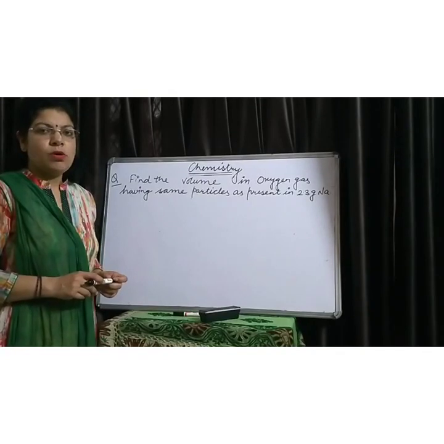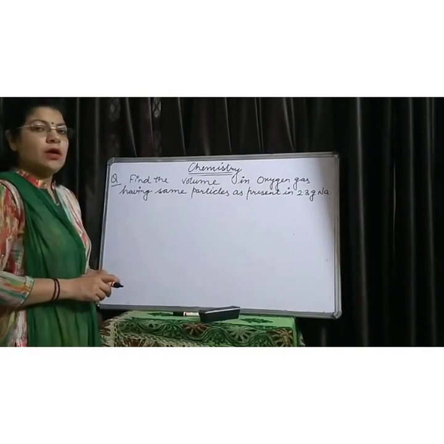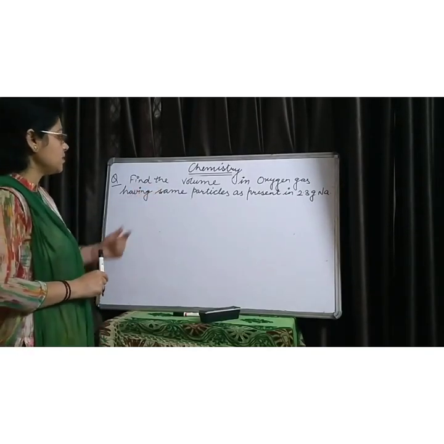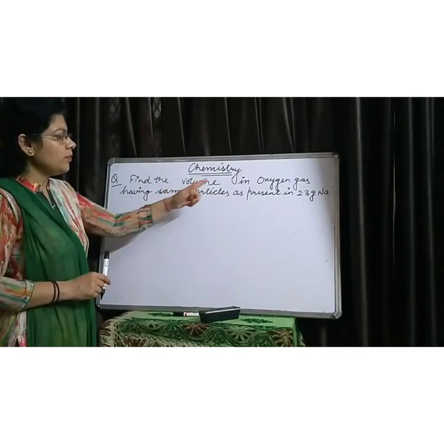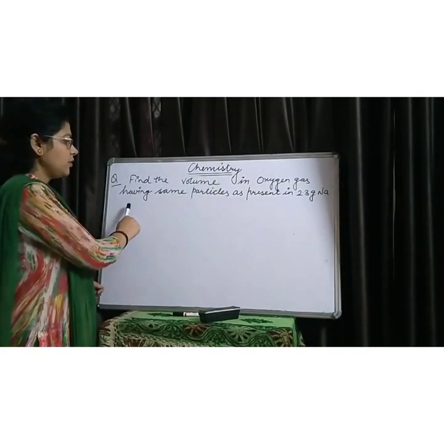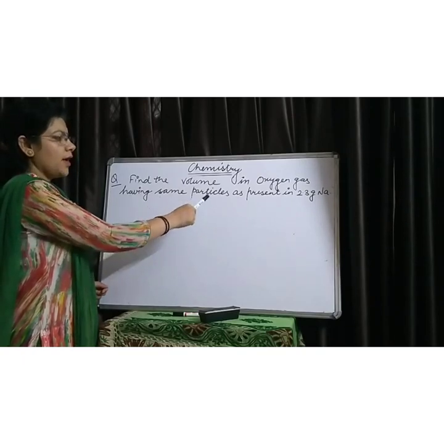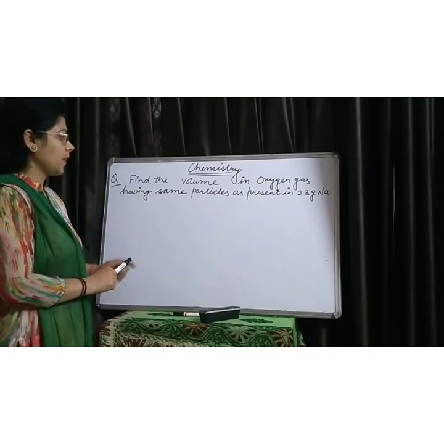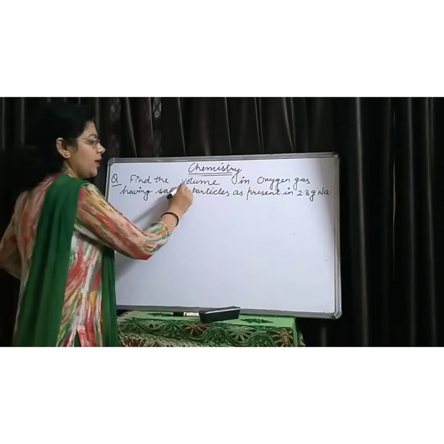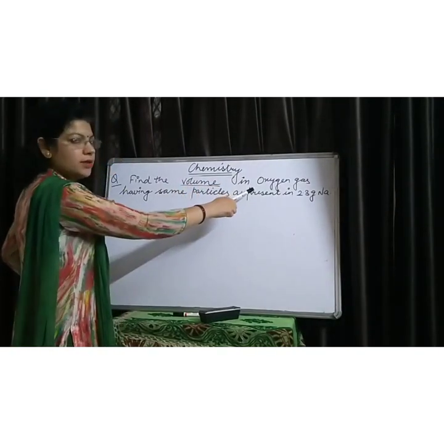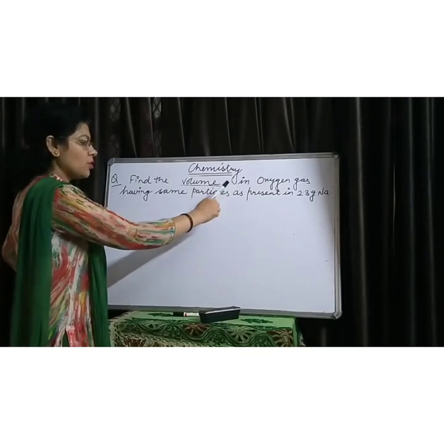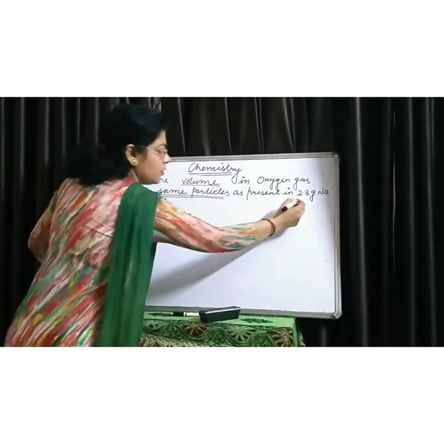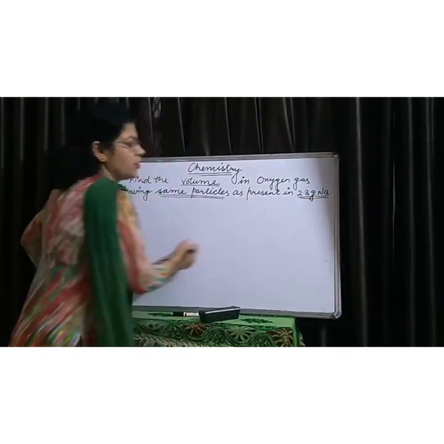Now we will solve the next type of question based upon the mole concept, and the question is: find the volume of oxygen gas having the same particles as present in 2.3 gram of sodium.